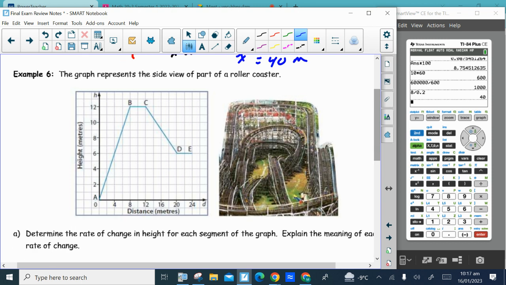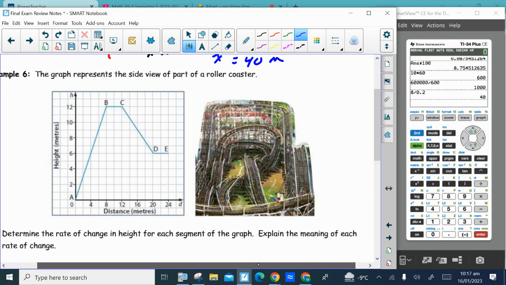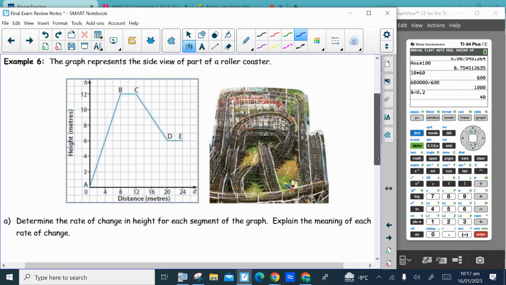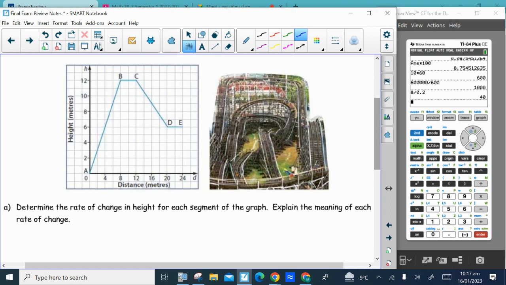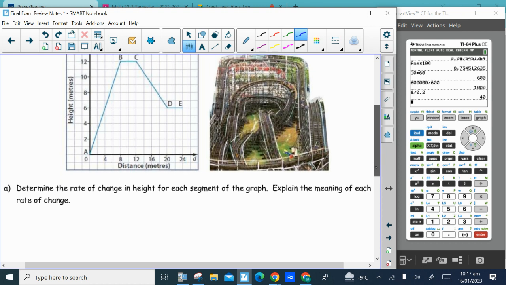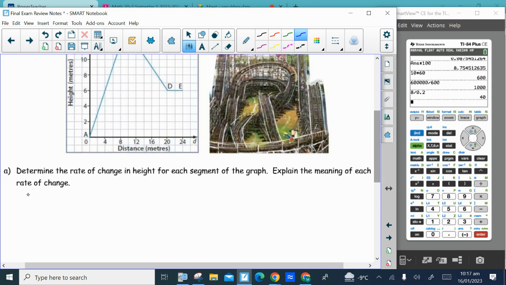Example 6 says that the graph represents a side view of part of a roller coaster. Determine the rate of change in height for each segment of the graph and explain the meaning of each rate of change. So, the first section of the graph is section AB.